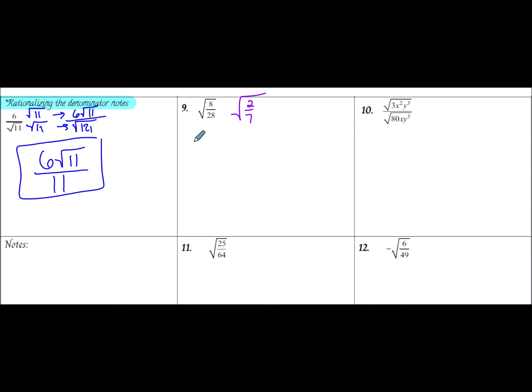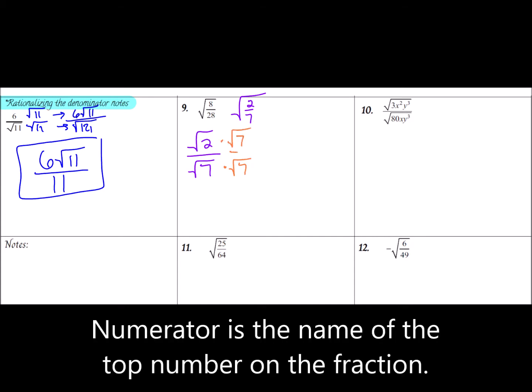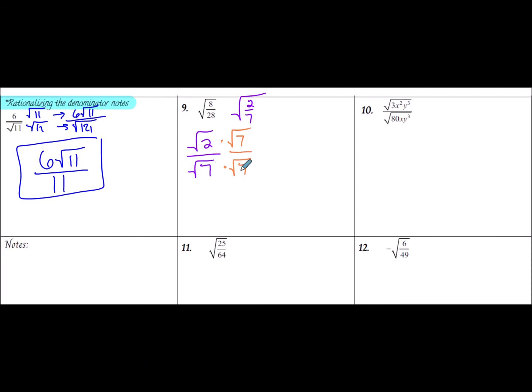All right, so now we're going to split the numerator and the denominator, and now we can rationalize by doing what I did over here. I need to multiply this by itself, but to keep the fraction equivalent, you have to also multiply by the same number on the top. Notice we're multiplying by 1. Little hint into equivalent fractions.